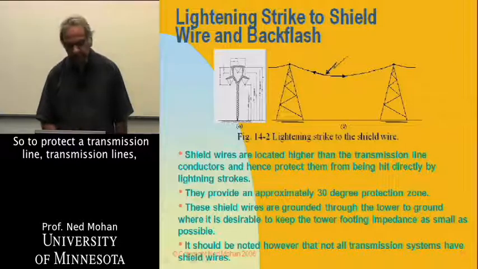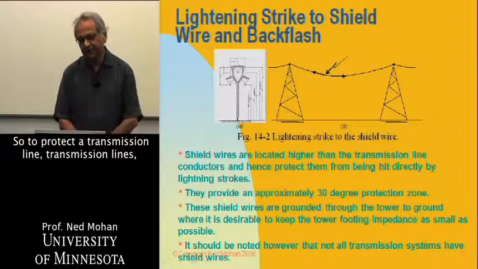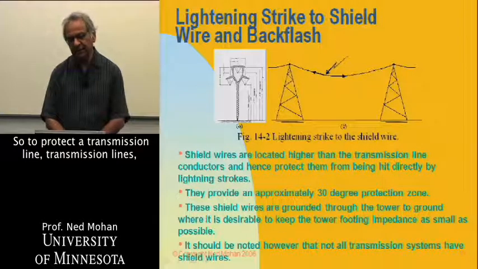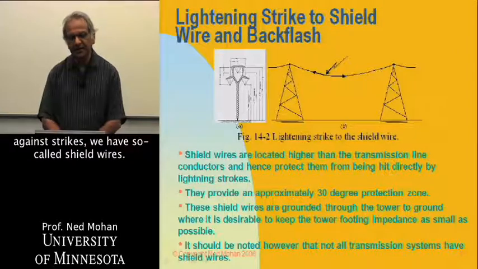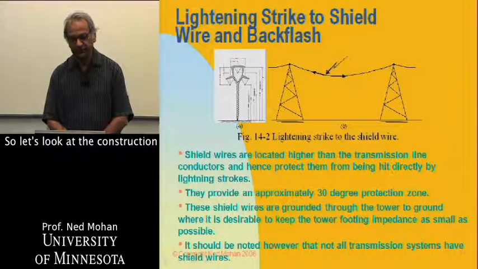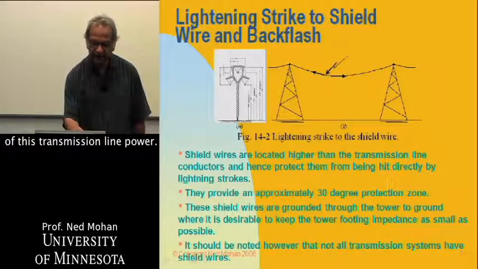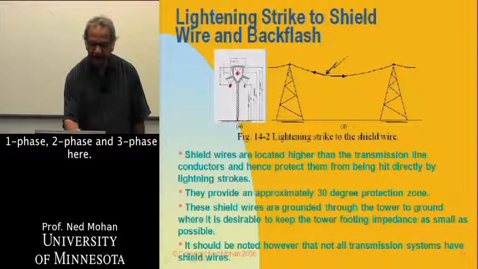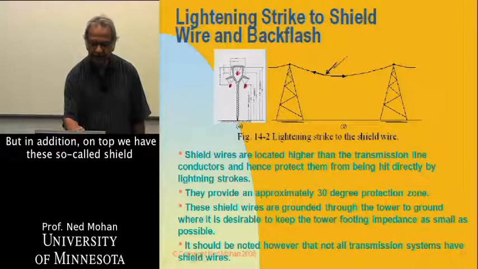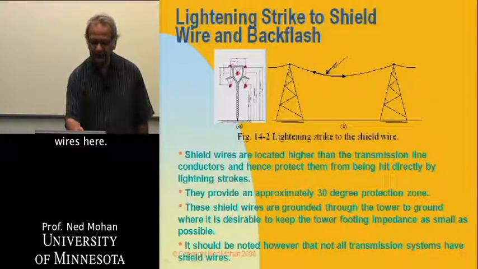So to protect transmission lines against lightning strikes, we have so-called shield wires. So let's look at the construction of this transmission line tower. We have three phases here, one phase, two phase, and three phase here. But in addition, on top we have these so-called shield wires right here.